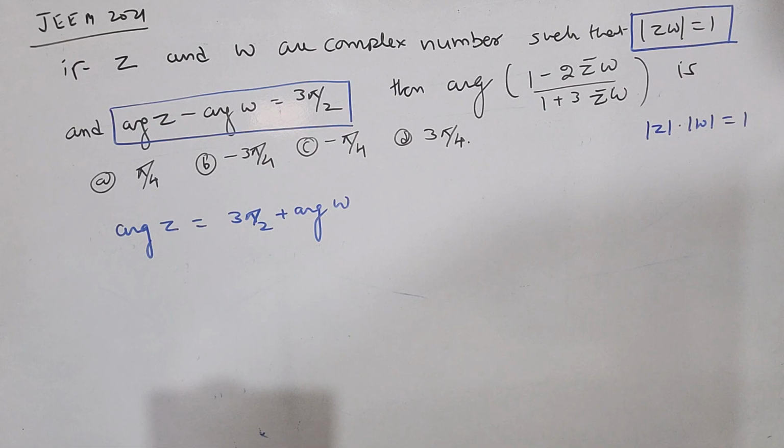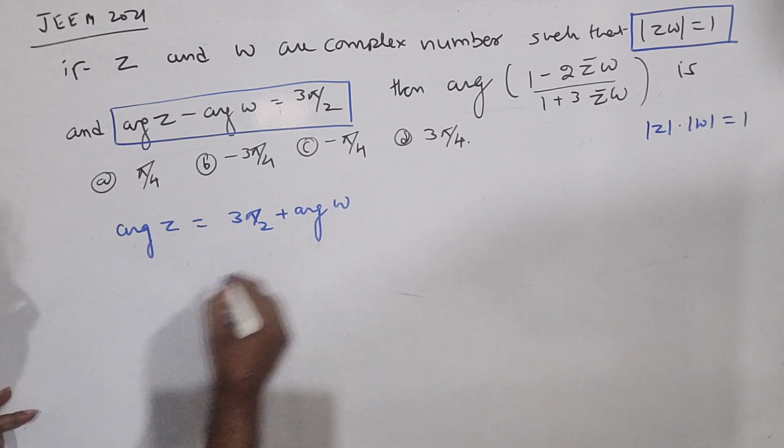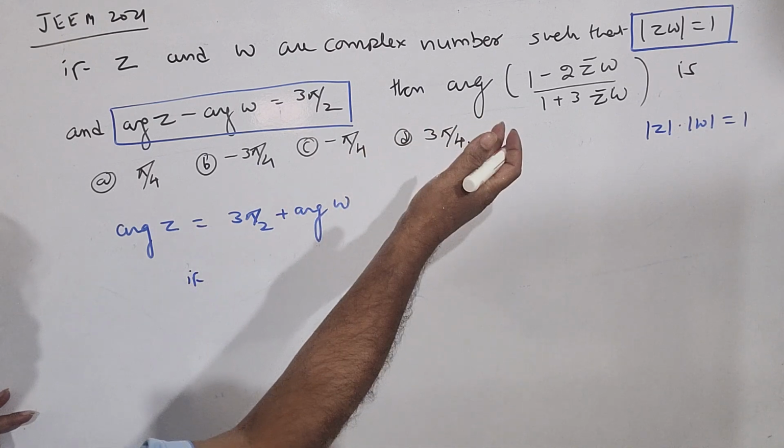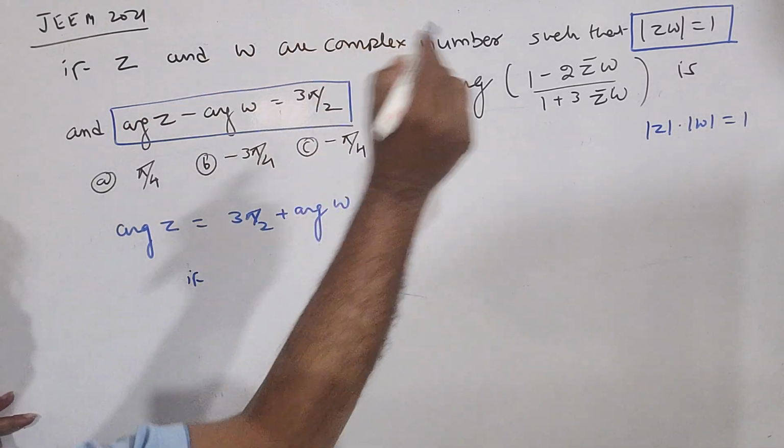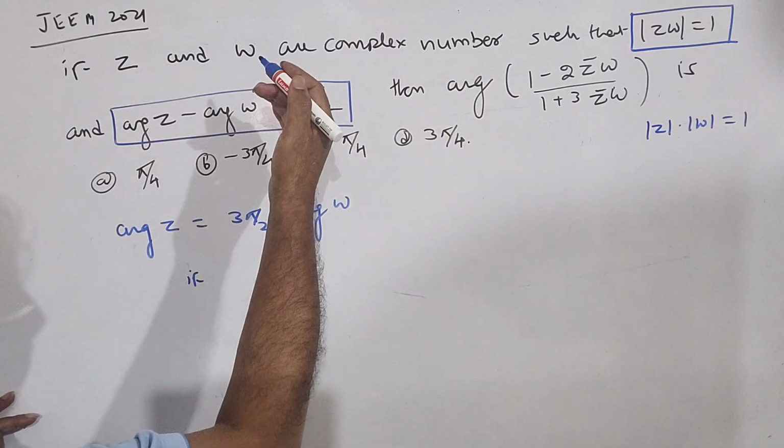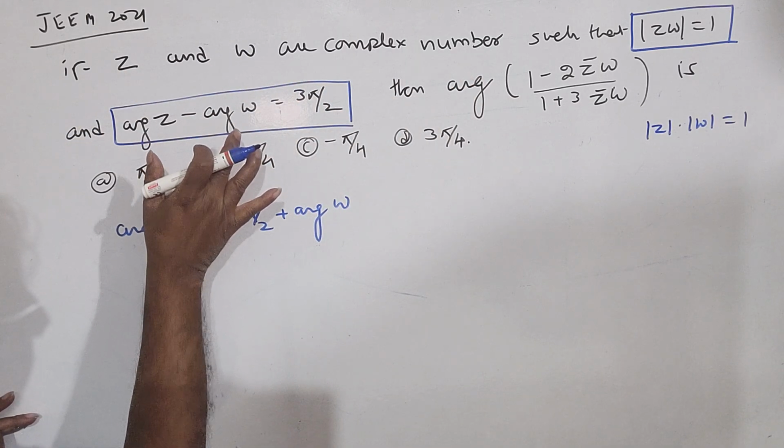This we can easily write down. Because Z and W both are not given, the relation between their arguments is given.